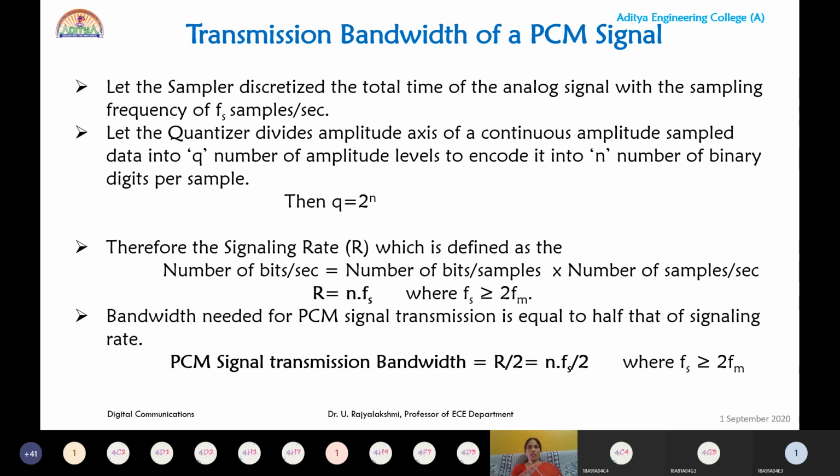First we calculate the quantization error in order to evaluate the noise power, and then the ratio of normalized signal power to normalized noise power gives the SNR for the PCM signal.